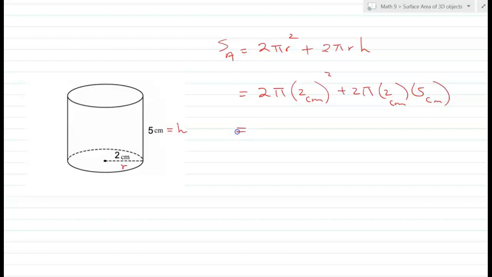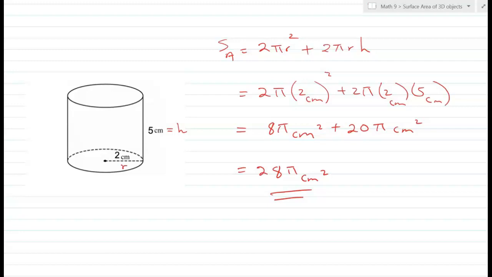Okay, and then you just take out your calculators and do the math. You can leave your answers in exact form, so you don't have to actually do the calculation for pi, but if you do want to, leave it to 3 or 4 decimal places. So when you plug numbers in, first one, you'll get 8 pi centimeters squared plus 20 pi centimeters squared, and then you put them together. 20 pi plus 8 pi is 28 pi centimeters squared.